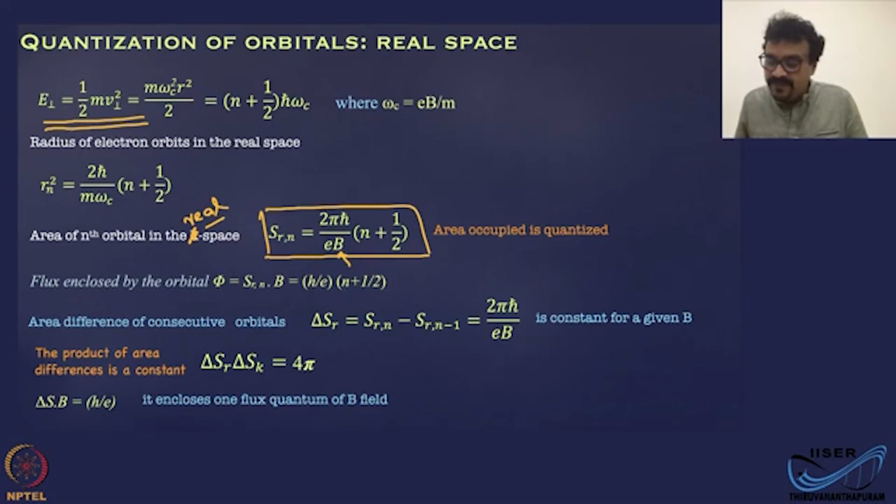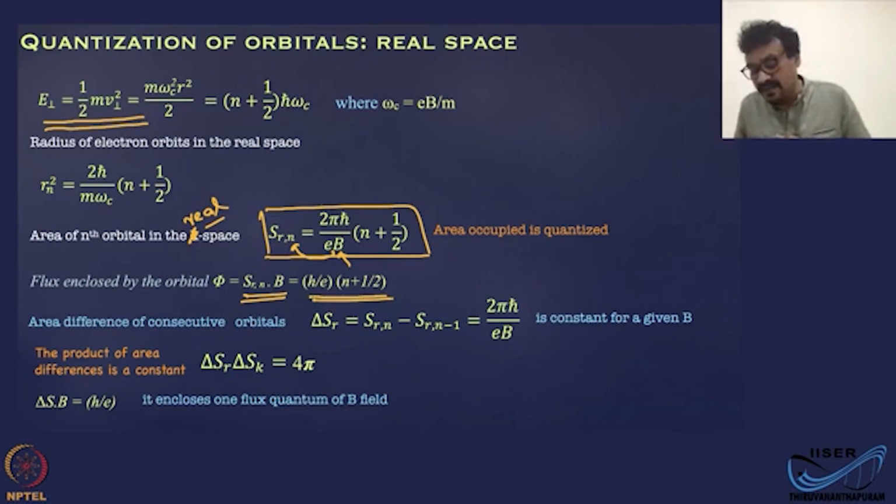Now, you can look at what is the flux enclosed by the orbital. If I take this B and multiply that by the area, that is B dot S, that is the total magnetic flux enclosed by the orbital, and what you are seeing is that it is actually quantized.